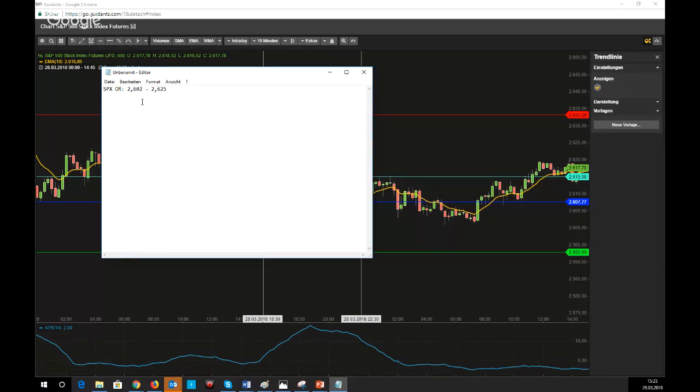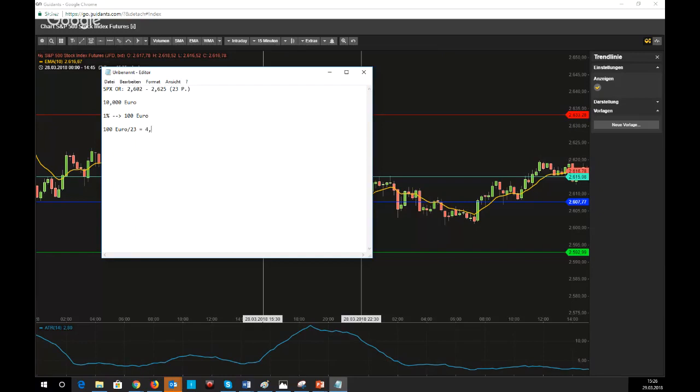So then it's 23 points, obviously. And let's assume you're trading a 10,000 euro account, and you're risking 1% per trade, which equals 100 euro. So from here, you're obviously dividing those 100 euros by 23, and then you get a number slightly above 4. So it's 100 divided by 23, 4.3 in this case.